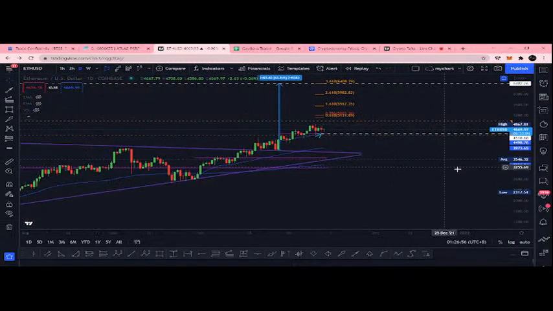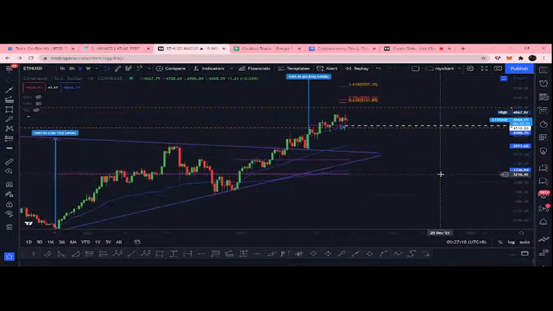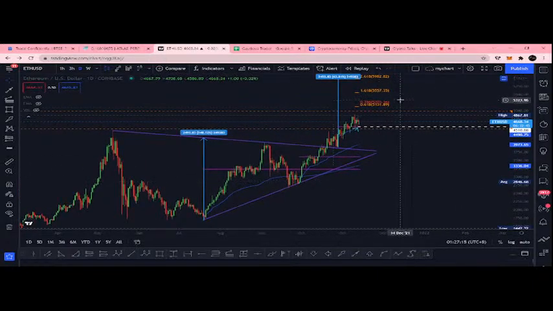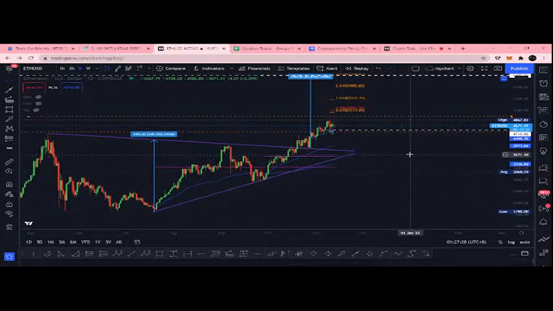Oh, it might actually possibly end the daily time frame at a doji, which might possibly be a reversal that could retest the 4,800 tomorrow. So yeah, let's see. It might hit my TP within today or maybe tomorrow or next week, which is the $5,000, and then I'll just relong from there. Relong on pullback. That's my plan.